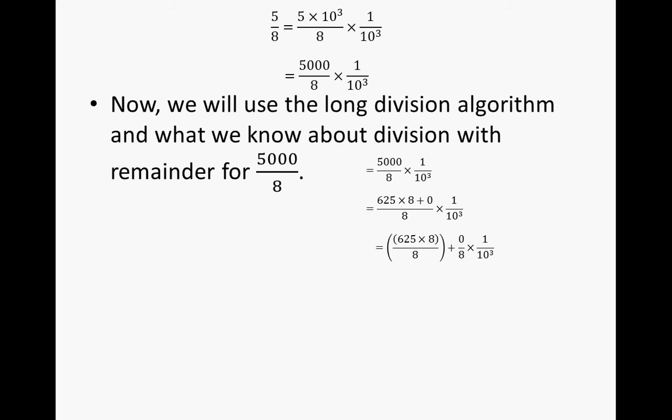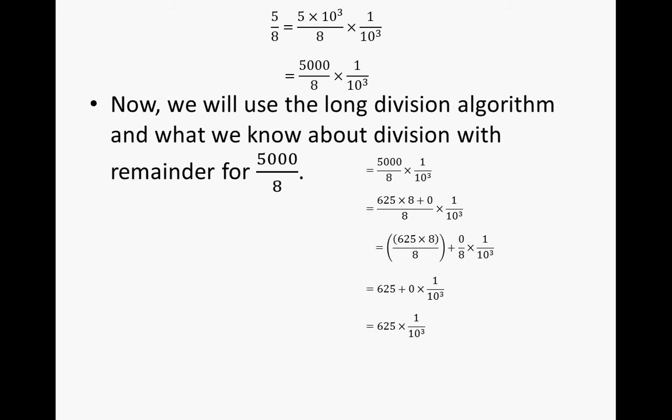We can separate this by making this an addition problem. So 625 times 8 over 8 plus 0 over 8, times 1 over 10 to the third power. That leaves us with 625 plus 0 times 1 over 10 to the third power.